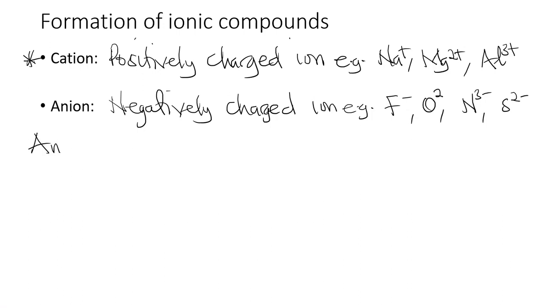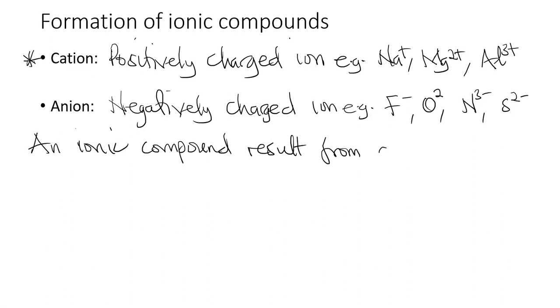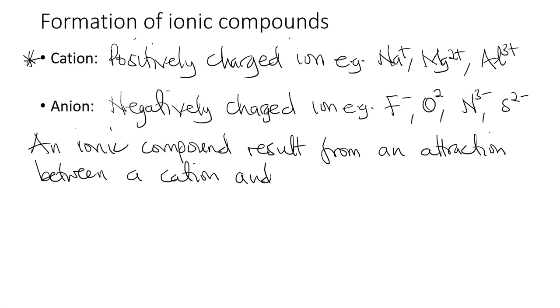So an ionic compound will result from an attraction between a cation and an anion. So if you want to have an ionic compound, you need to have a cation there, and you need to have an anion there.